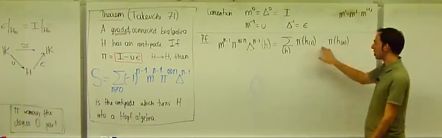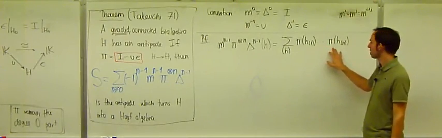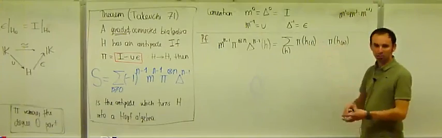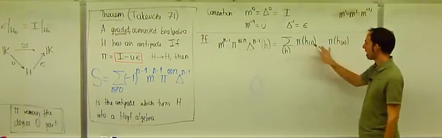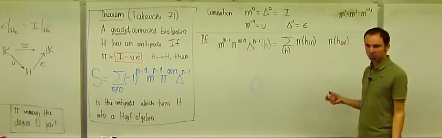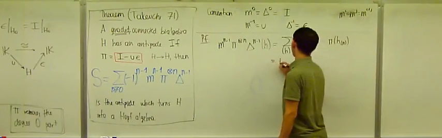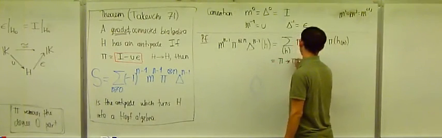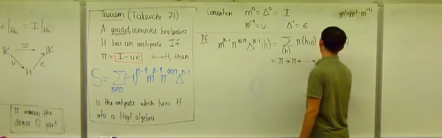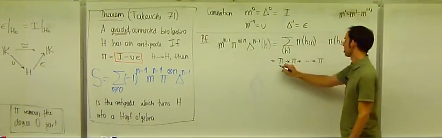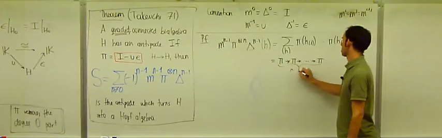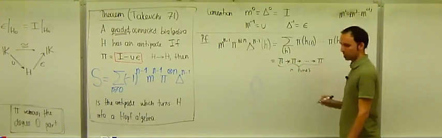If I only had 2 terms, then it would be the convolution of pi and pi. Here I have n terms, and so this is just the convolution of pi with itself n times. Okay.